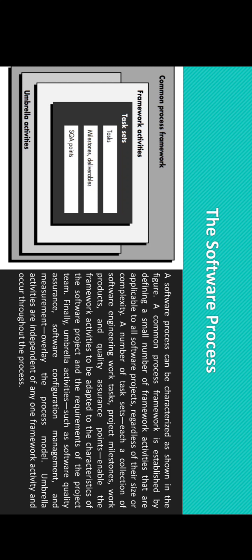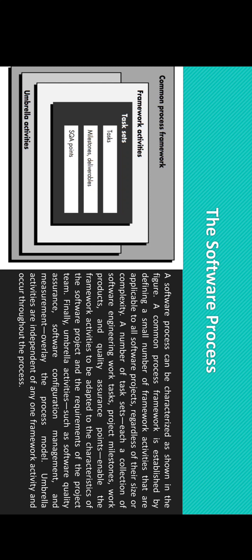So first of all, let us discuss the common process framework. It is established by defining a small number of framework activities. The framework activities include several task sets, which include tasks, milestones, sometimes represented as checkpoints, deliverables, and SQA points.